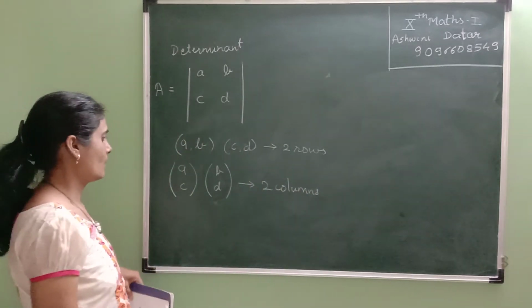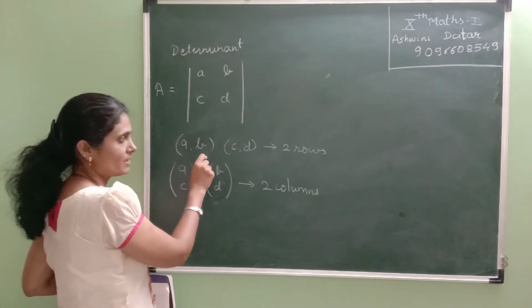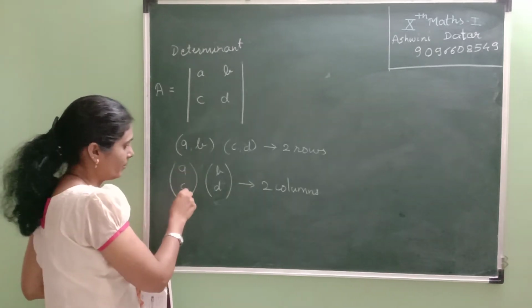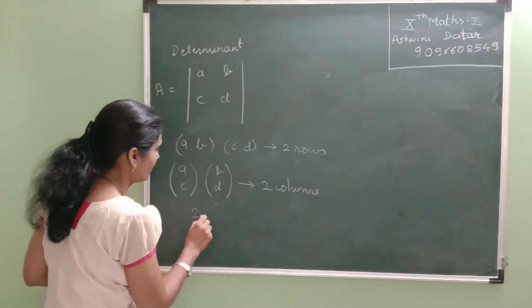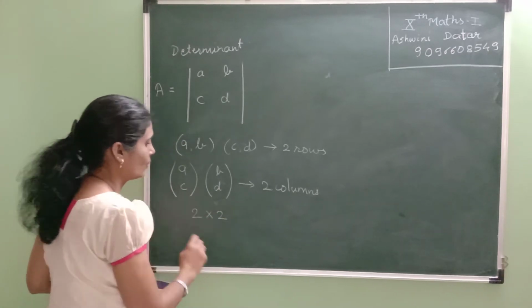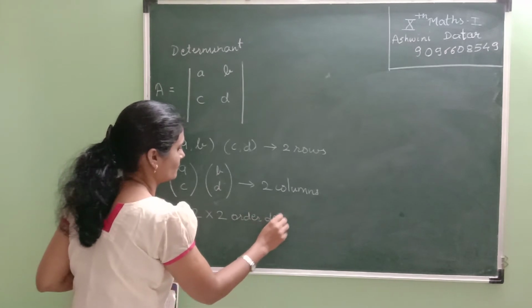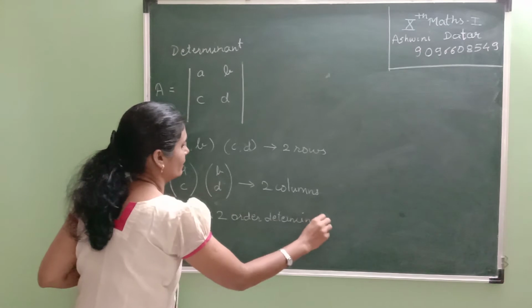Now as there are two elements in the rows, and two elements in any one column, I can say that this is a 2 by 2 order determinant.